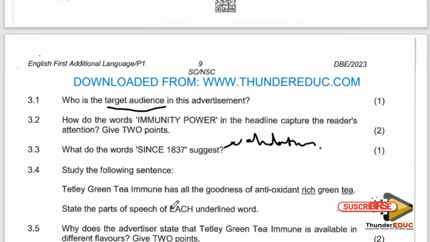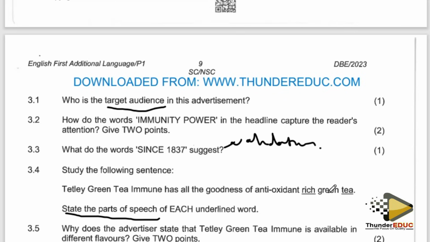So study the following sentence. Tetley green tea immune has all the goodness of antioxidant rich green tea. They want us to state the parts of speech of each underlined word. Our parts of speech, remember, are our nouns, our verbs, our adjectives, articles, pronouns, and all those things. So let's look at how rich is used. It's goodness of antioxidant rich green tea.